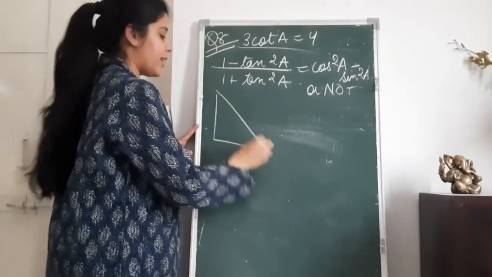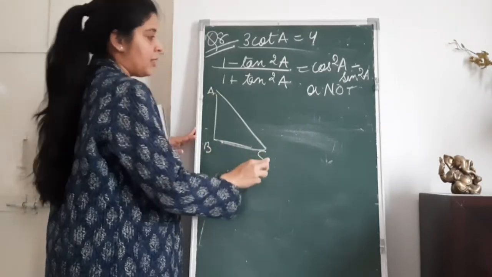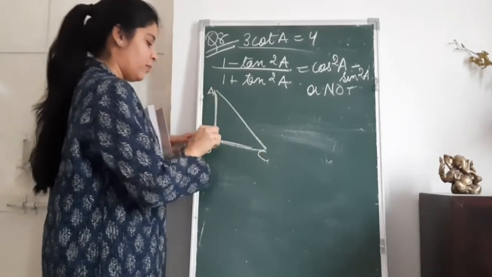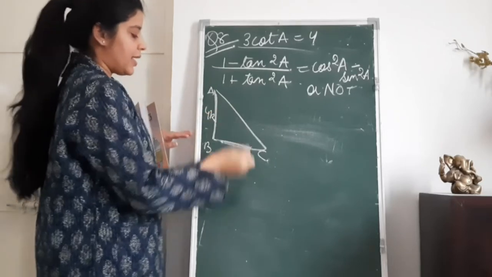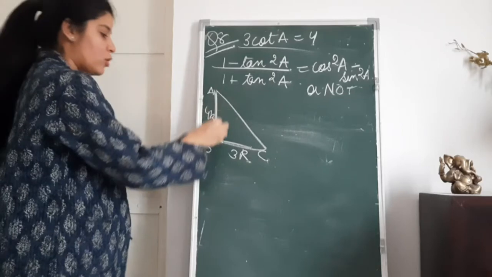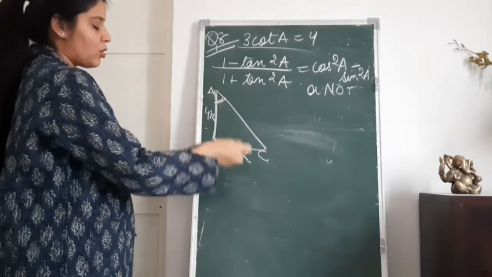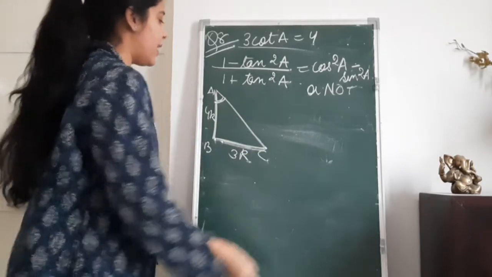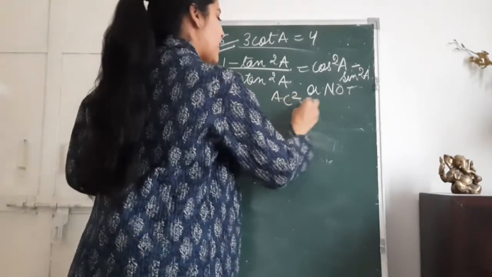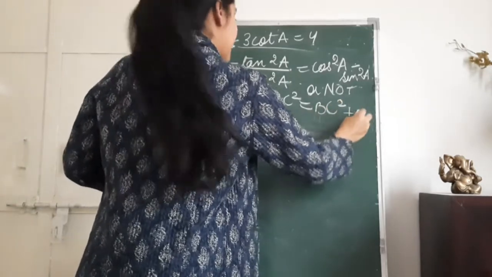Let this be a triangle A, B and C. Side adjacent to angle A is 4k. Side opposite to angle A is 3k. So AB is equal to 4k because it is adjacent to angle A, and BC is equal to 3k because it is opposite to angle A. Can I find out AC using Pythagoras theorem? Yes. AC square is equal to BC square plus AB square.